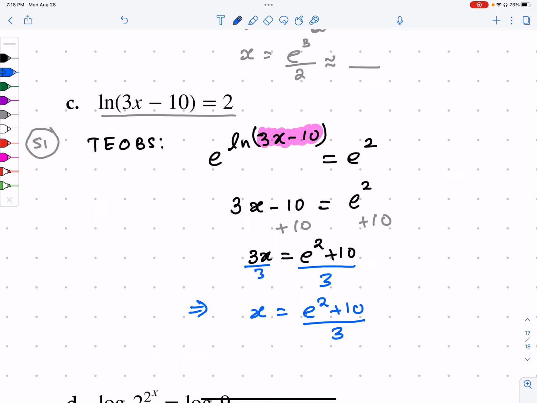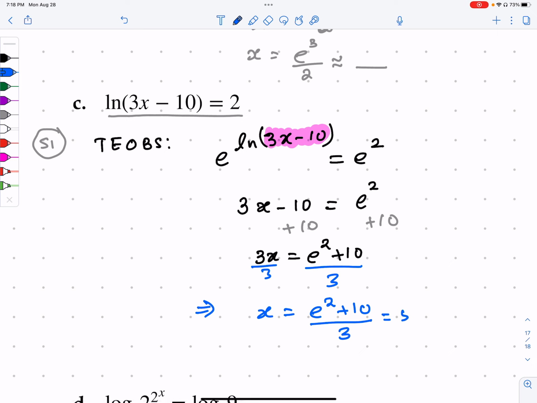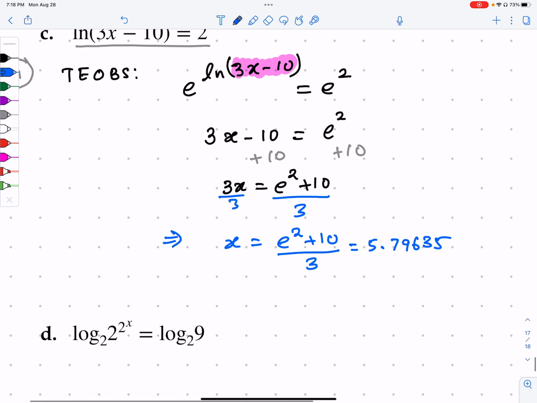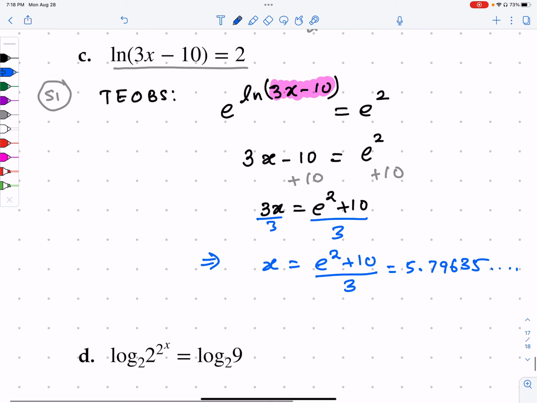Use the calculator, and you should get the answer as 5.79635 approximately. I think it might go on forever, but that's the answer approximately for this problem. That is how we would solve this logarithmic function.